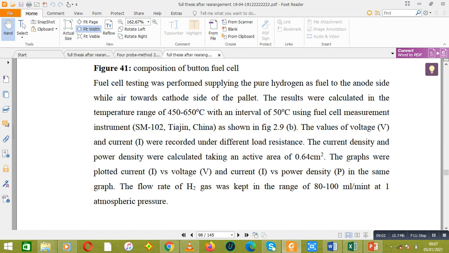Then we measure the current density and power density by taking an active area of 0.64 square centimeters, which was already discussed, how we can measure the area of the pellet by using the pi r squared formula. Then we plot a graph between the current density, power density, and the voltage. The flow rate of hydrogen gas was kept constant, usually 80 to 100 milliliters per minute at 1 atmosphere pressure.